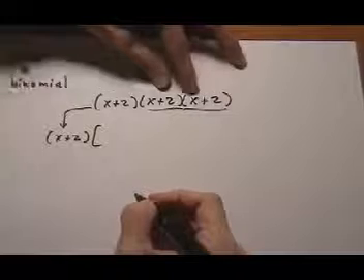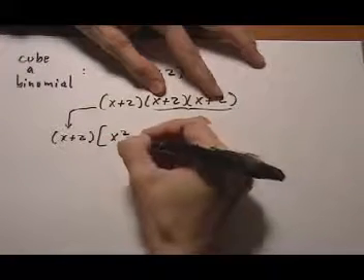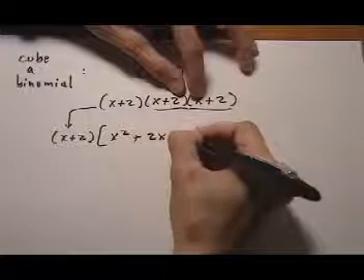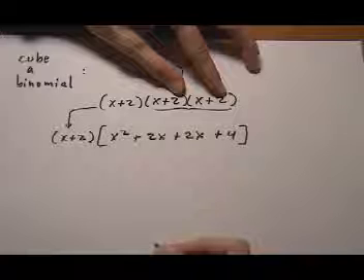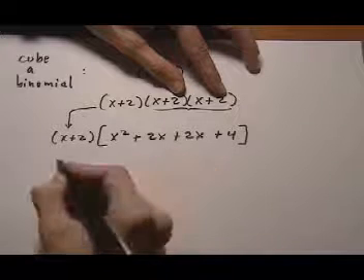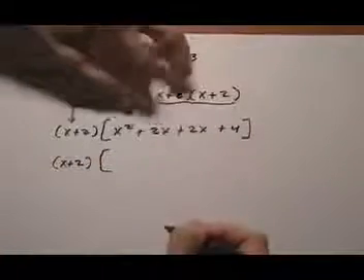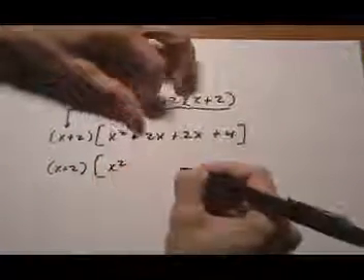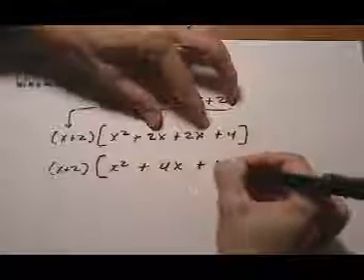Times, FOILing out the second two, we get x squared plus 2x plus 2x again plus 4. Now we want to collect like terms, so bring this x plus 2 down again. And we have x squared plus 4x, and bring down the plus 4.